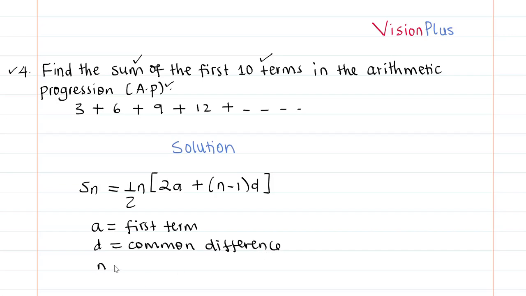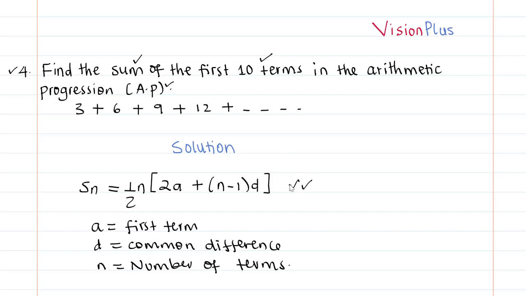And our n is the number of terms that we are dealing with. So what we just need to do is identify a, d, and n, and then we substitute them in the formula, and then we get the sum of the n terms.